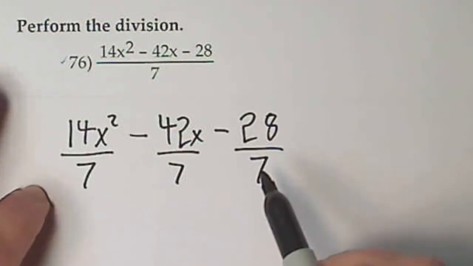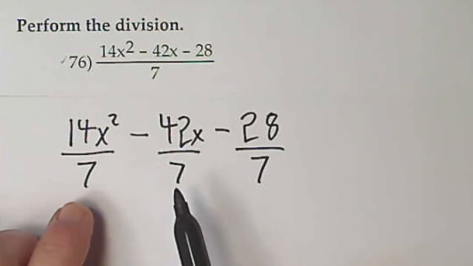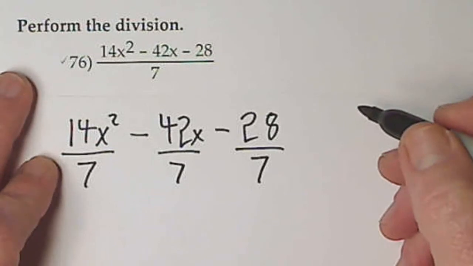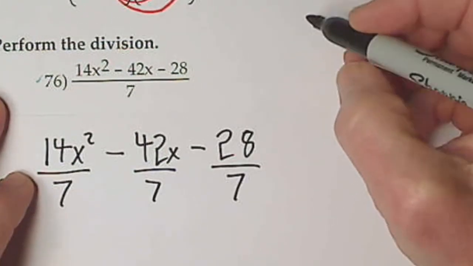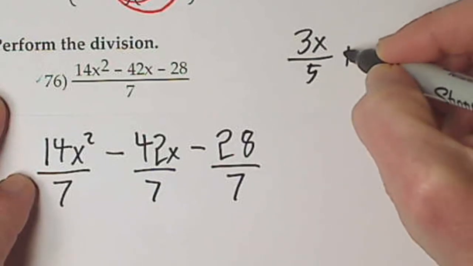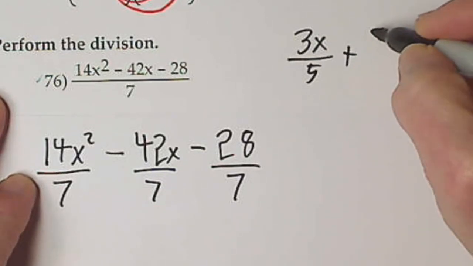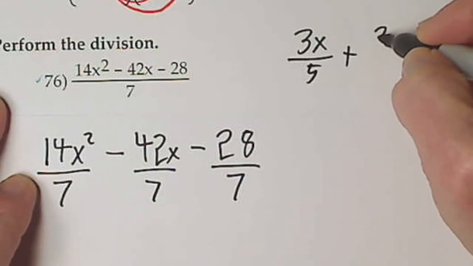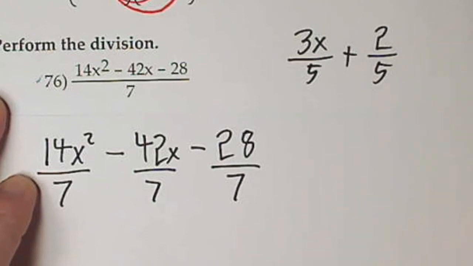Okay, and you've seen this before. I'm going to clean this up, but just to digress for a second, if you had 3x over 5 plus, let's say, we'll just say 2/5, okay?